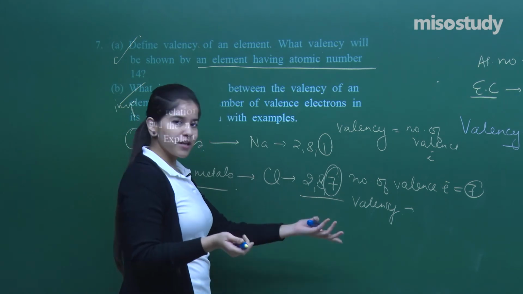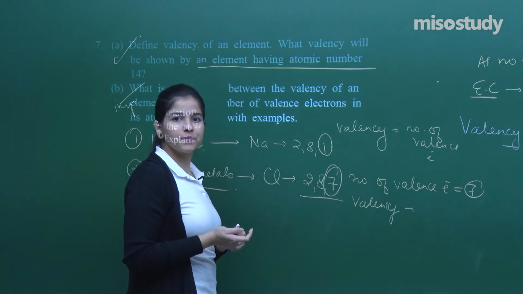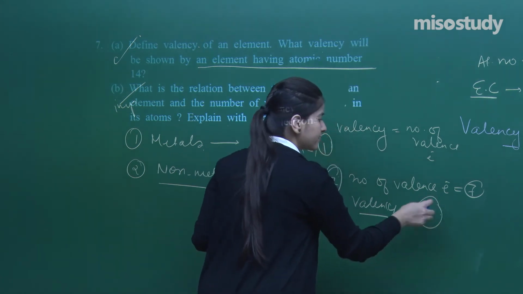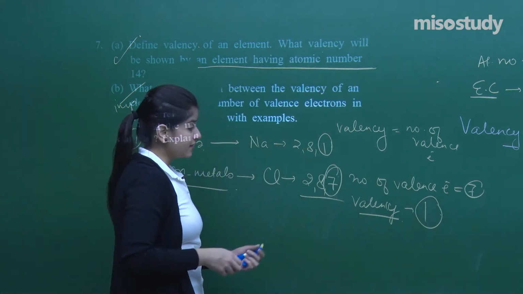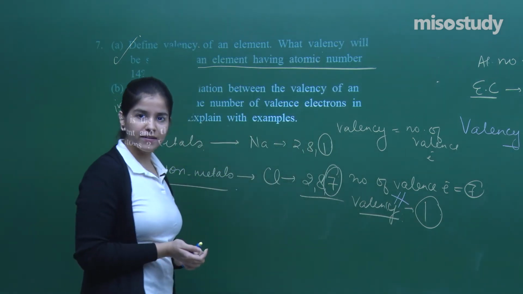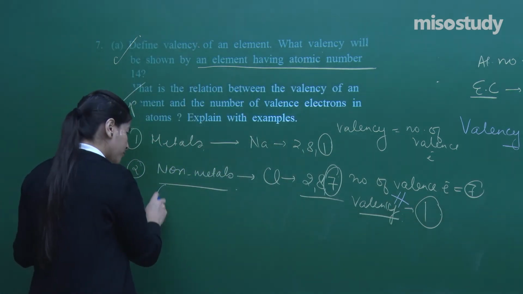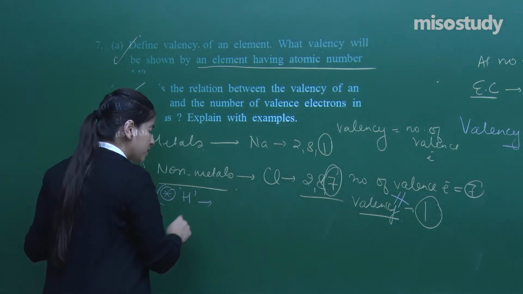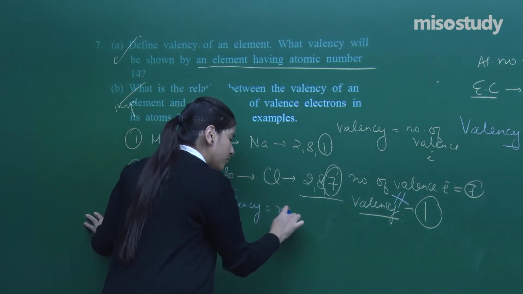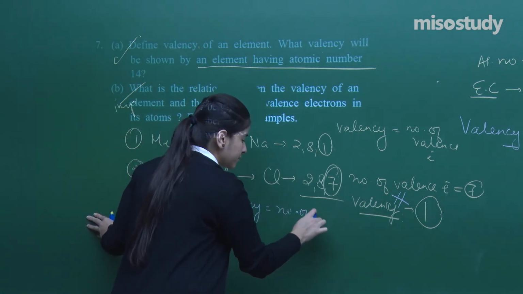So it is going to take 1 electron just in order to complete the octet, and that is what the valency is, it's just 1. So here these are unequal. But in the case of non-metals there is an exception: hydrogen is also a non-metal, but its valency is equal to the number of valence electrons. You need to remember this.